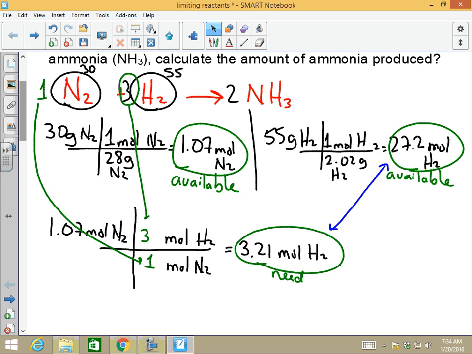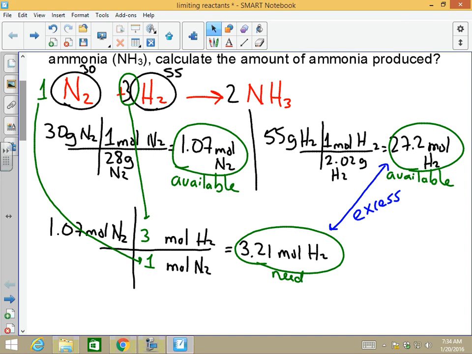I have much more than what I need, so H2 is in excess. Assuming that one will run out, the other continues reacting.